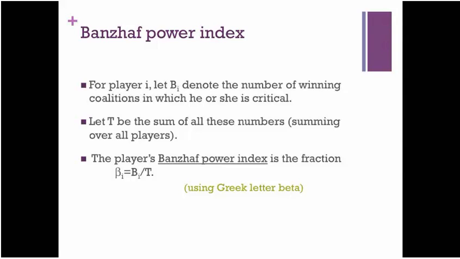So for each player we find a number, beta I, and that is called player I's Banzhaf power index. Notice by the way that these numbers will add up to 1. So we can think of them, as I've said before, as fractions of a whole pie, for example.